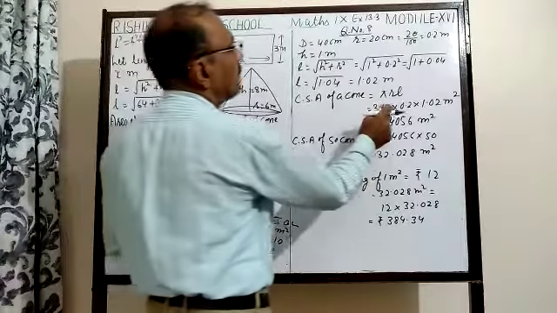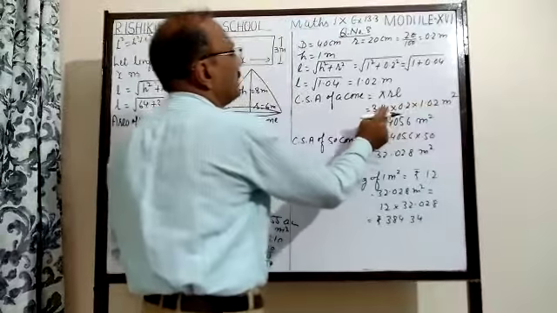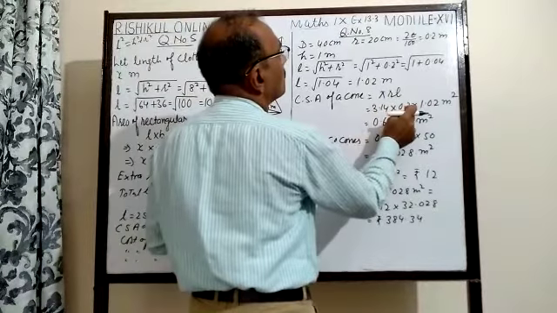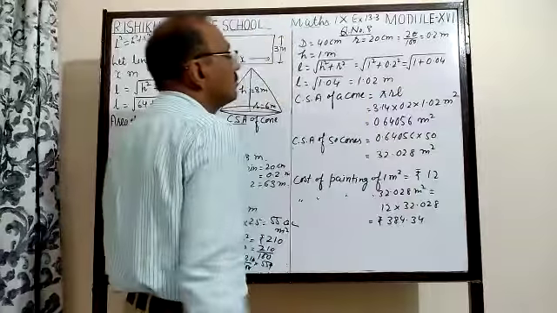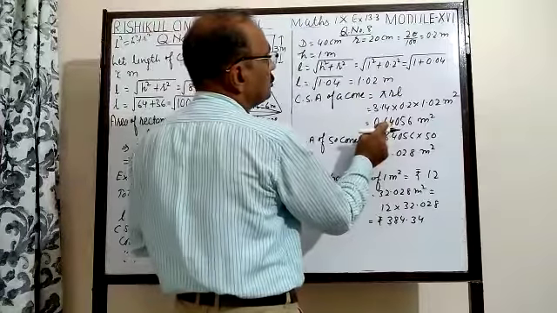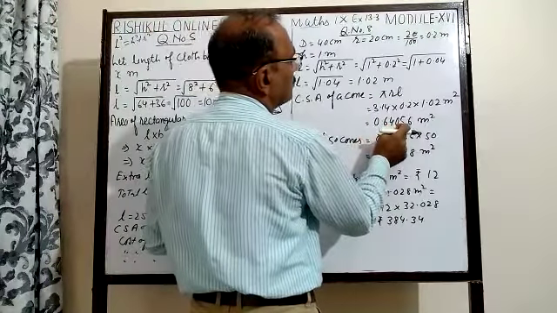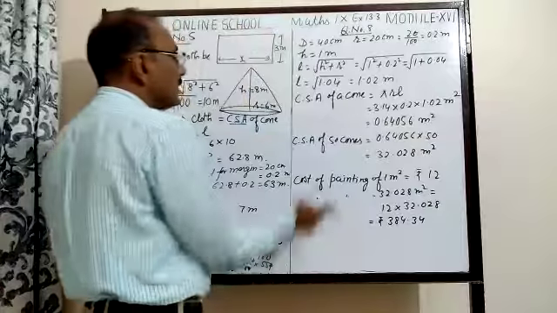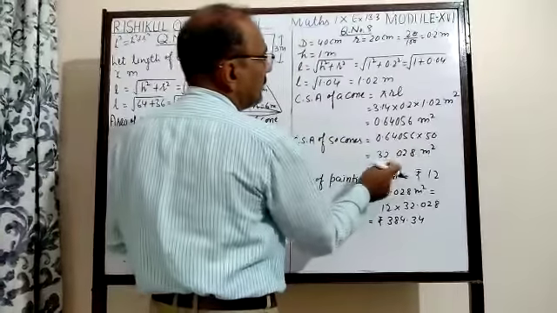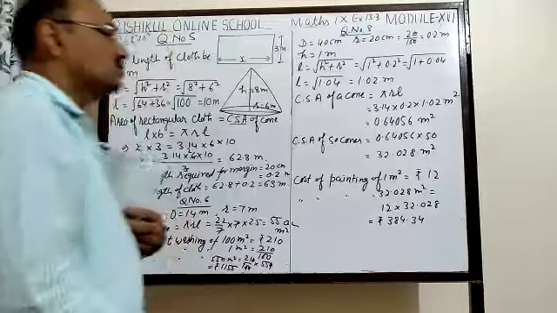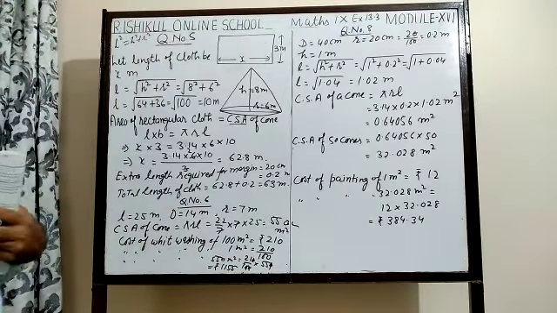So the curved surface area is pi r L, pi 3.14, r 0.2, and L 1.02, multiply together, you will get 0.64056 meter square. So the curved surface area of 50 cones, multiply by 50, you will get 32.028 meter square.